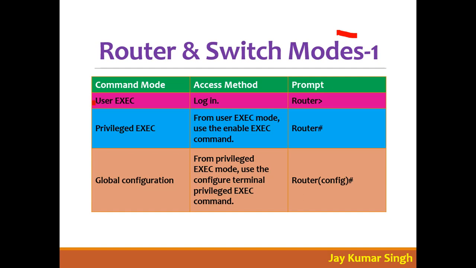The first mode is known as user mode, the second one is known as privilege mode, and the third one is known as global configuration mode. User mode is used for login purposes, privilege mode is used to enable the router and execute some monitoring commands, and global configuration is used to manage and configure the router.